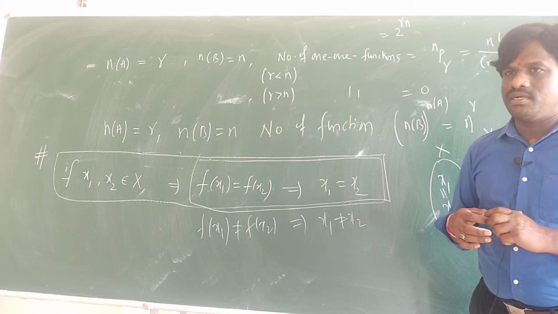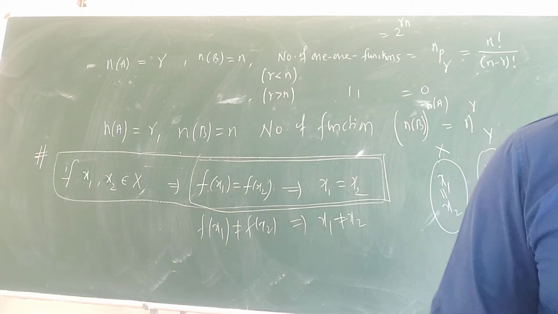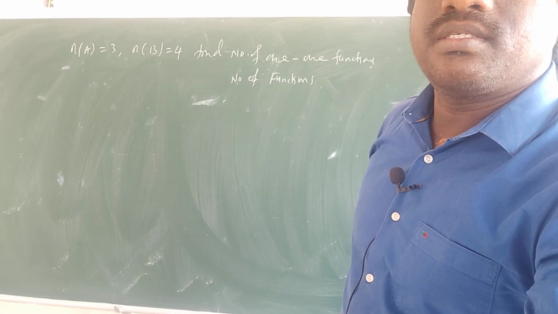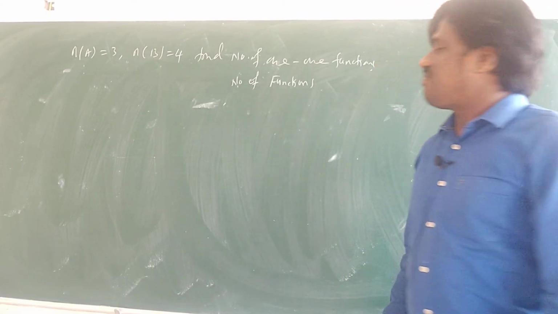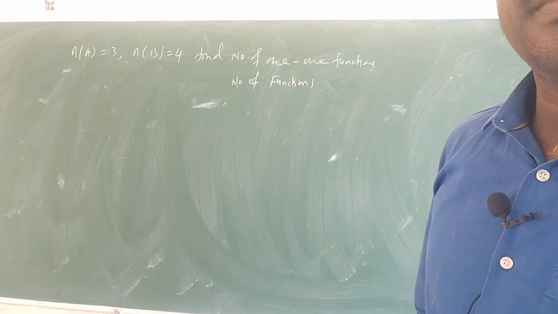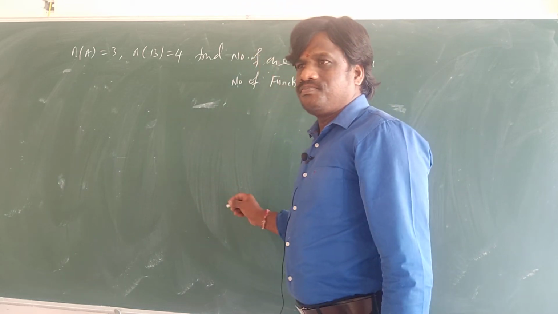I'll give you an example. Please note it down. See here, if A has 3 elements, B has 4 elements, find the number of one-one functions. Fast. So our formula is NPR.